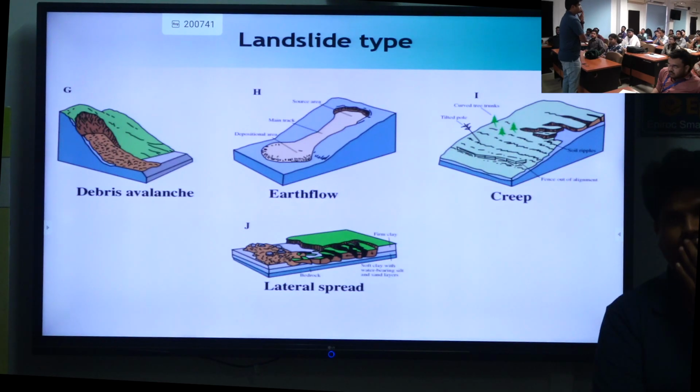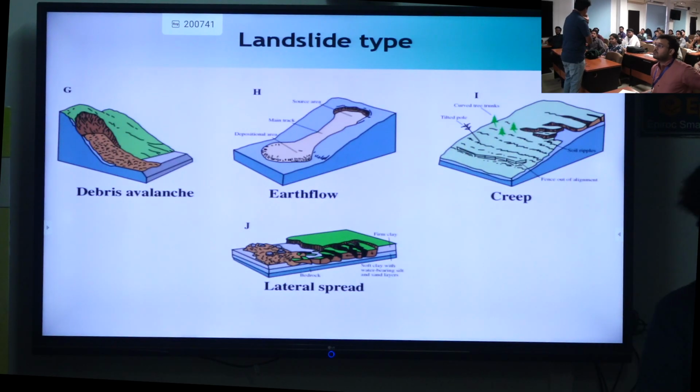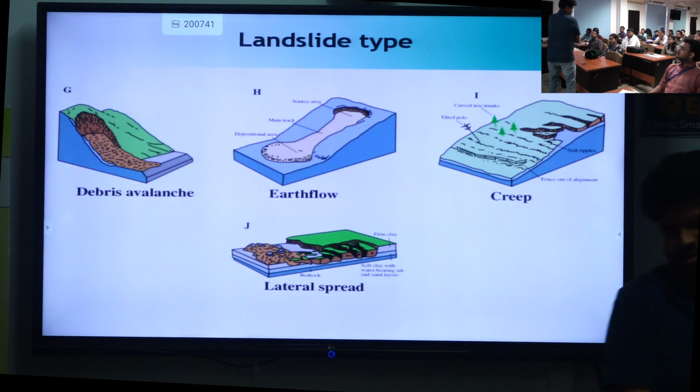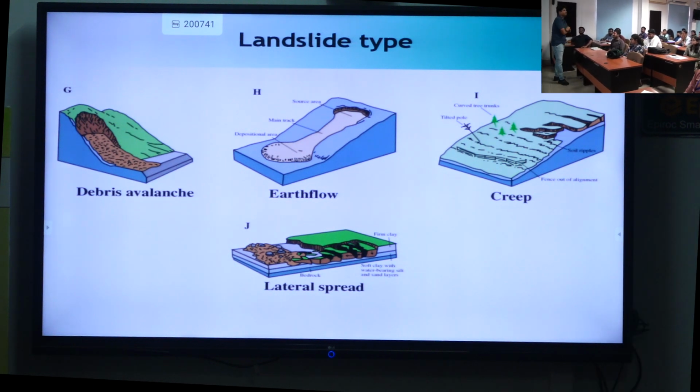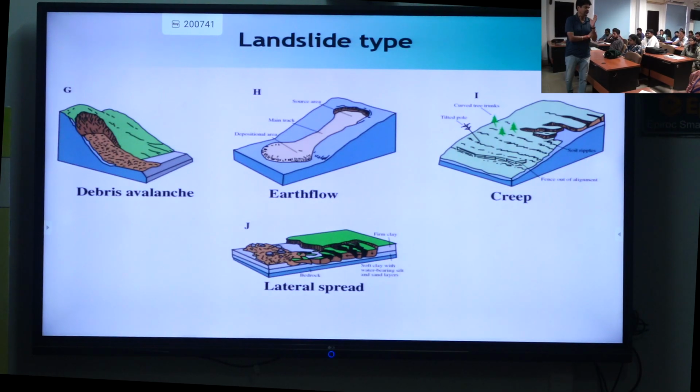You can write to me, but I think you have access to ScienceDirect, right? You are in a premier institute in India, so you can download. If you can't find some of them, then you can write to me and I'll provide it.